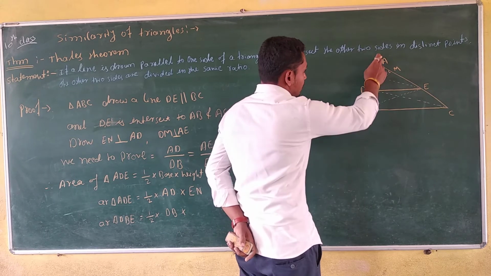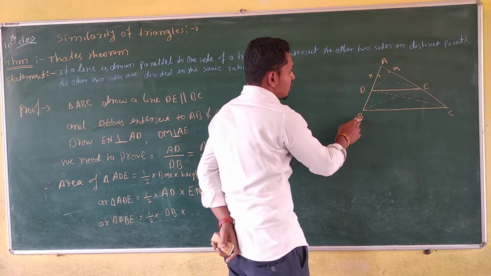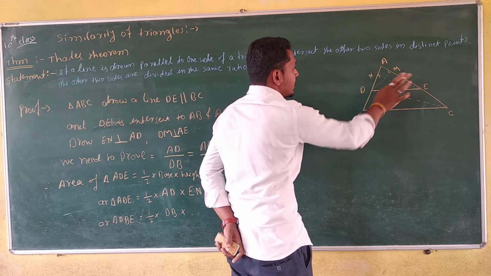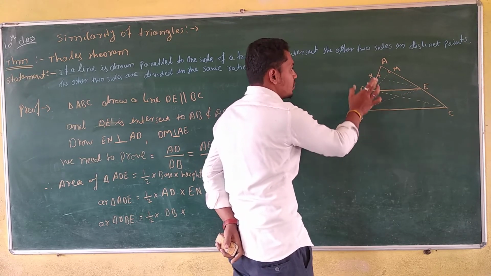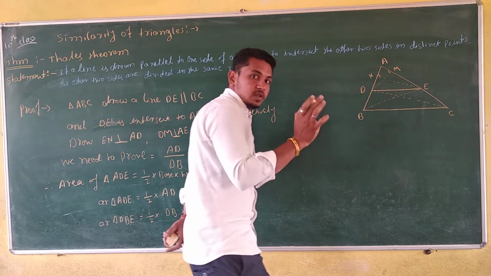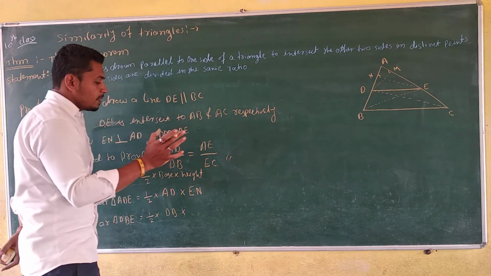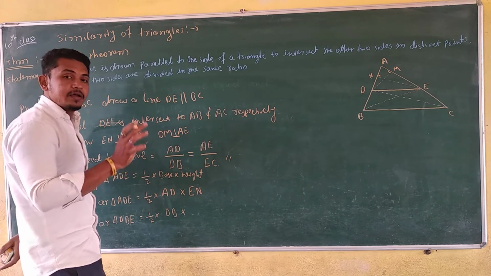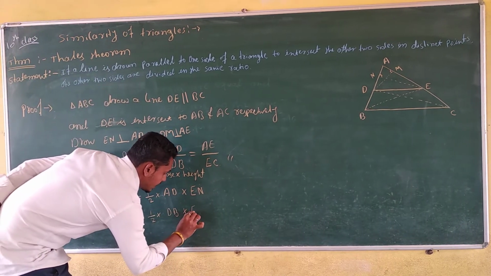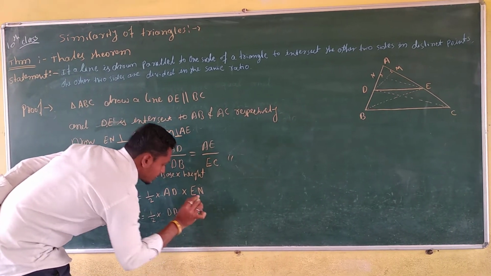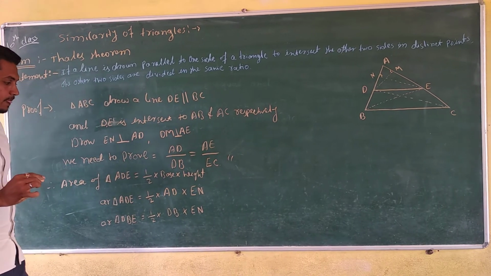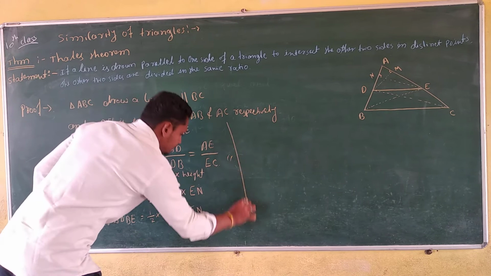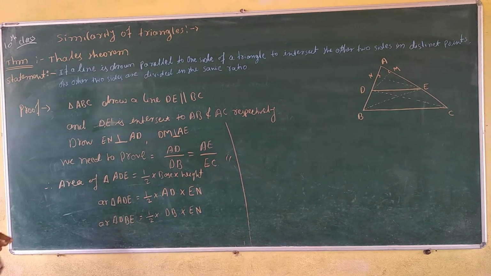See here, AD is perpendicular to EN and DB is also perpendicular to EN. So that's why we take the height of triangle DBE as EN. Is it right? EN.